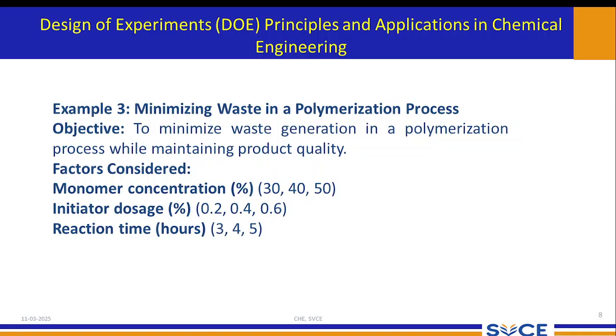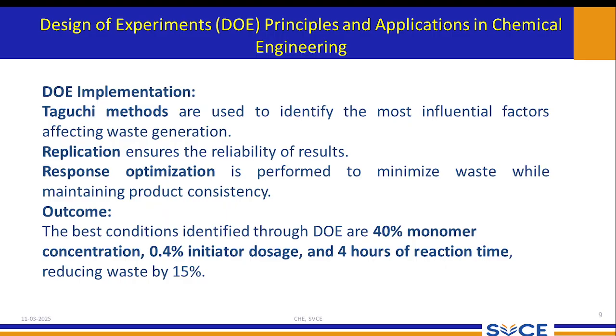If there are multiple factors, we can go for the Taguchi method. The Taguchi method also comes under the design of experiments and is used to identify the most influential factors affecting the waste generation. Among these three, one factor will be the most significant, with a higher effect on waste minimization.